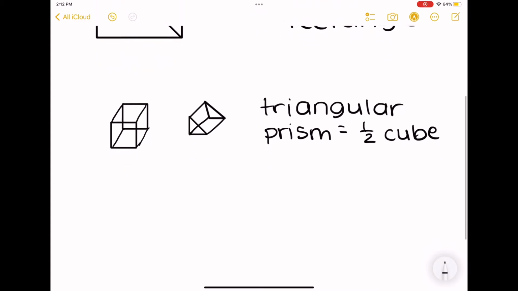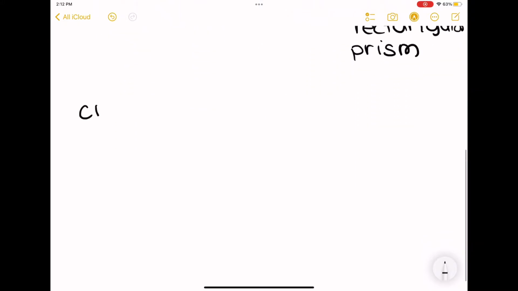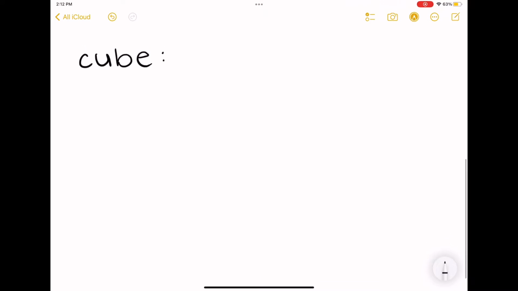And what exactly is the formula for a cube or rectangular prism? To find the volume of a cube or rectangular prism, we need to do the width times length times height, which is essentially both sides of the triangle or rectangle or square that you would multiply for area, times the height.